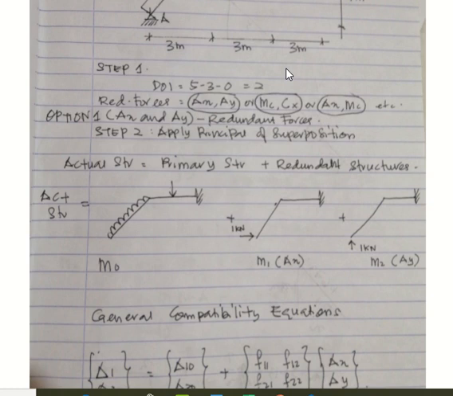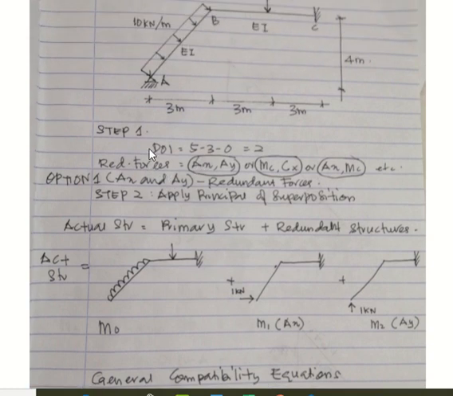When they have a 2 DOI, it means you have 2 redundant forces. You have an option to decide your redundant force.